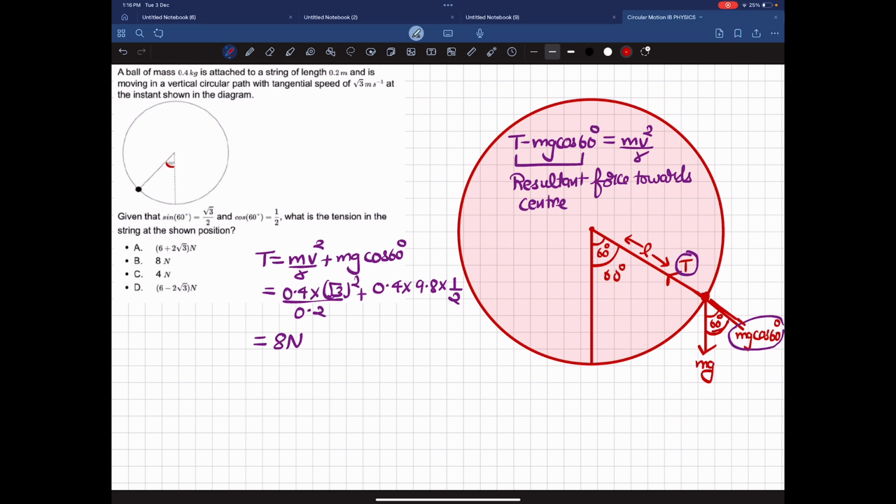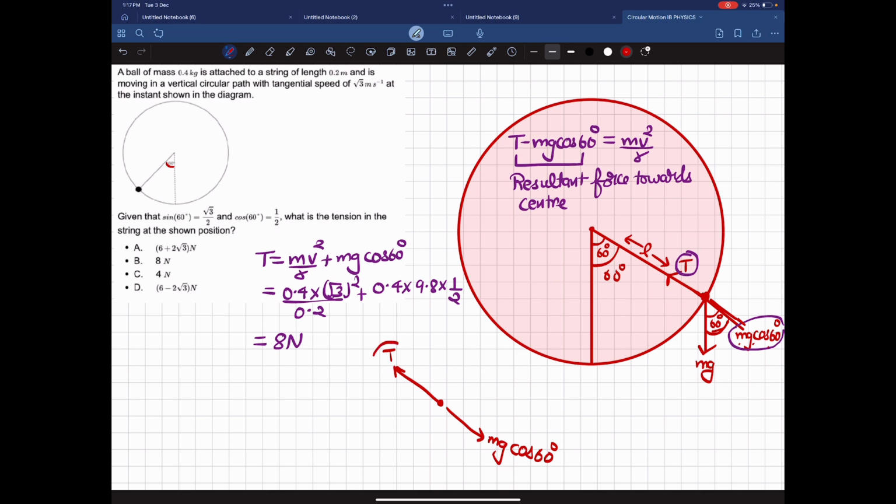Now we know that the side adjacent to theta is the cos theta. So this will be mg cos 60. Now, if you understood this, then the question is done. Now just think about it. Tension is upwards towards center of circle and mg cos 60 is downwards. What did we discuss? We discussed that resultant force towards center of circle should be equal to mv square by r.